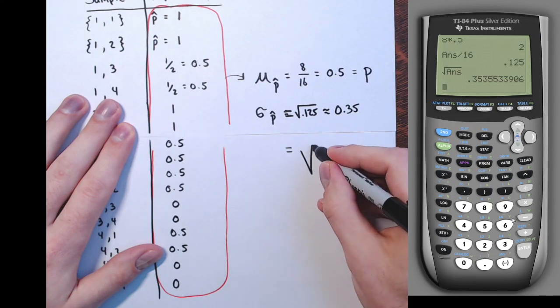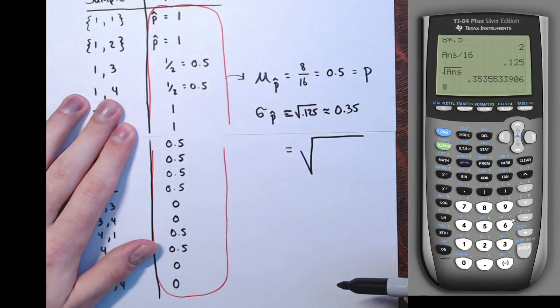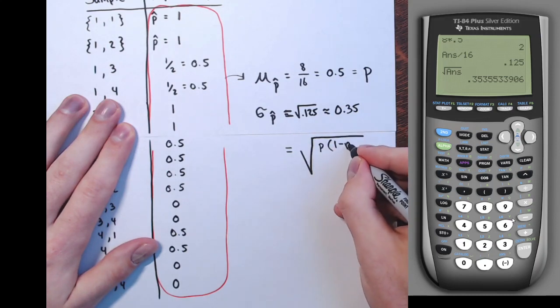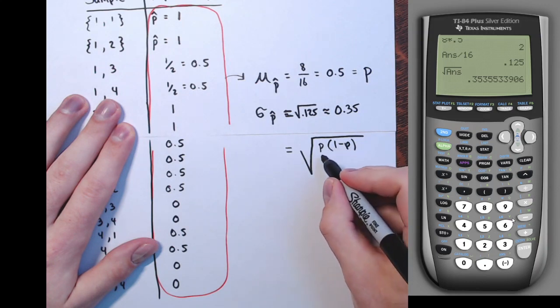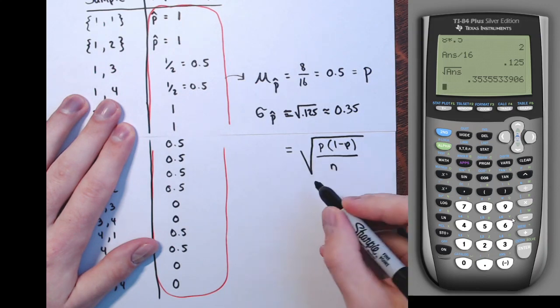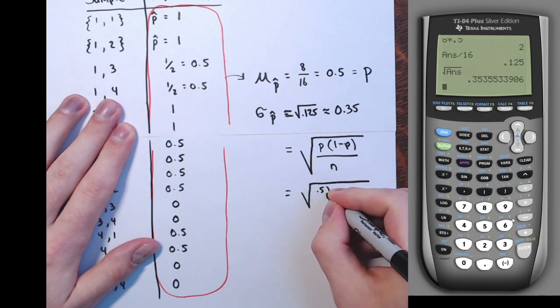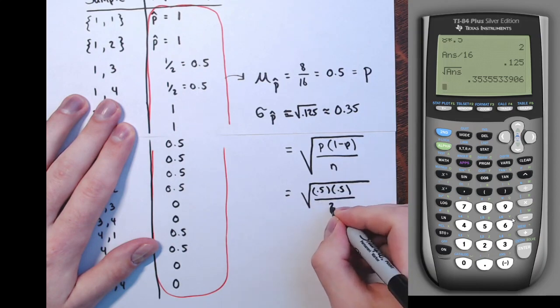Now, remember that little formula I showed you earlier? The standard deviation of all these p hats will be the square root of p times 1 minus p, right? The population proportion times 1 minus the population proportion, divided by the sample size. Well, let's see. That's the square root of 0.5 times 1 minus 0.5 divided by 2.